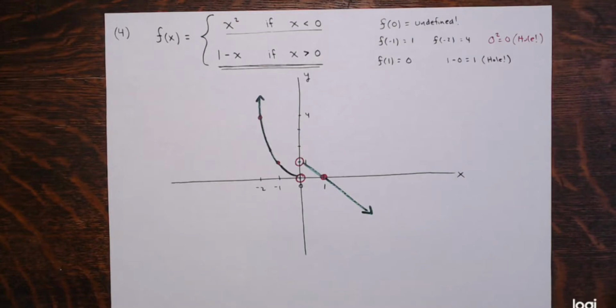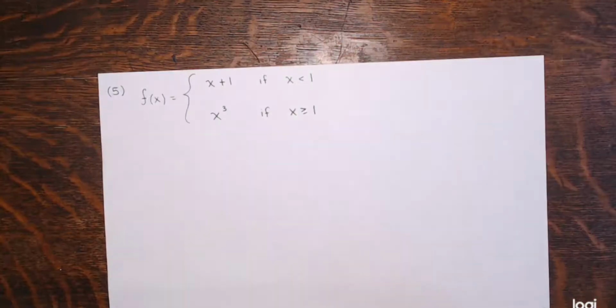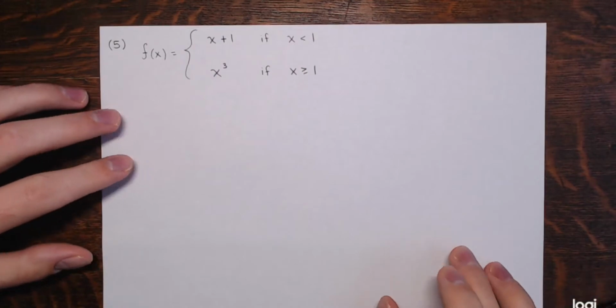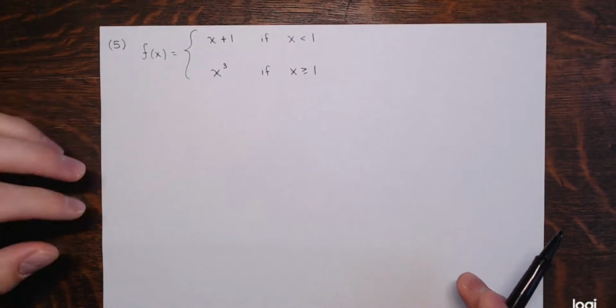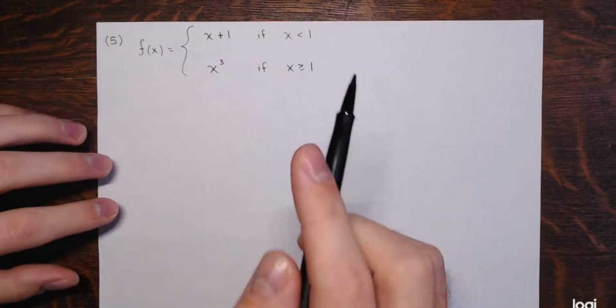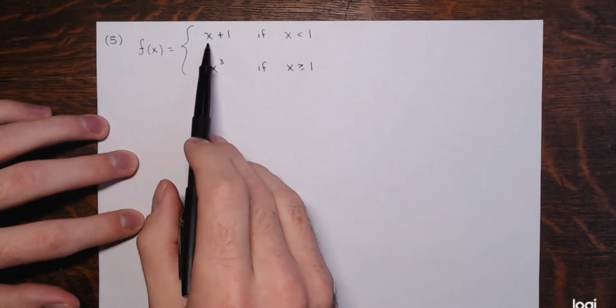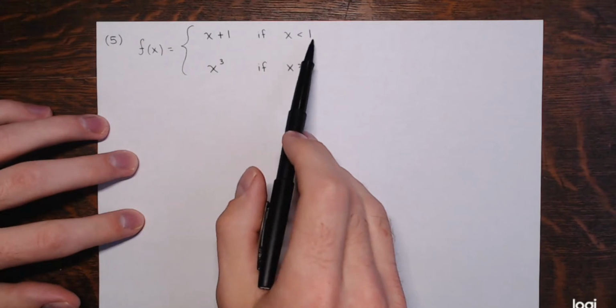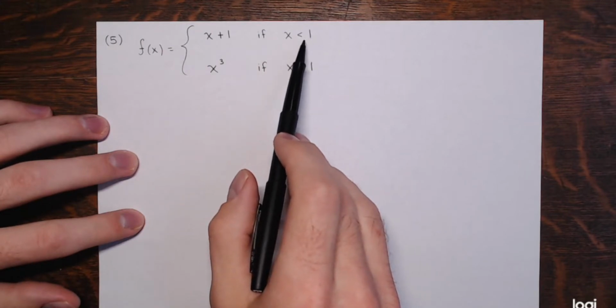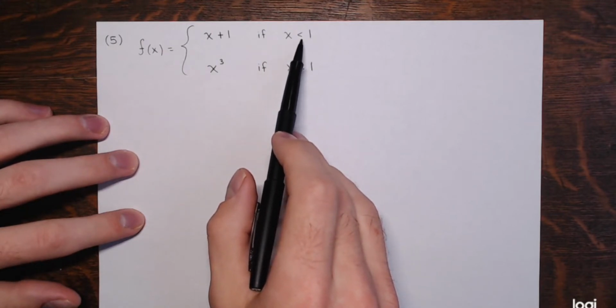Okay, next one. This is the last one I'm going to be drawing, and then the examples after this are just pretty simple evaluations. I've already been evaluating these, so hopefully you got the hang of that by now. So y equals f of x equals x plus 1 if x is less than 1. Notice just less than 1 though, so there's going to be a hole, a missing point when x equals 1.